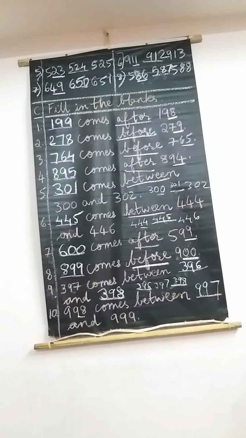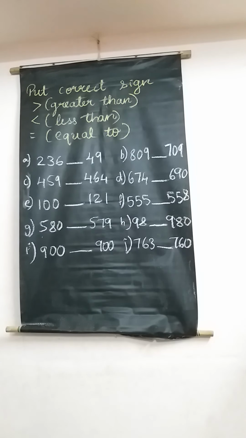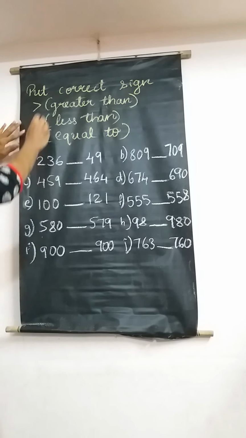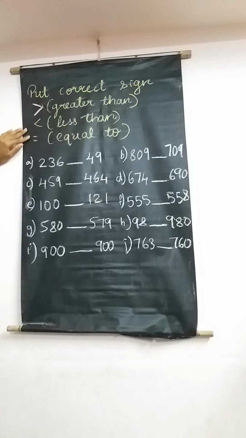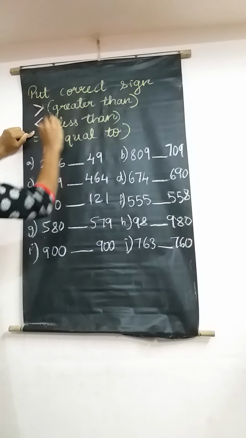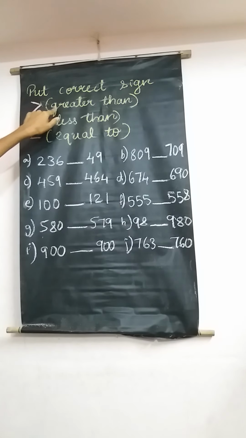Very good. So I think you have understood the before, after and between numbers correctly. Children, let's learn now how to put the correct sign. We have 3 signs. This sign is called greater than. This is less than. And this is equals to. What is the use of the greater sign?